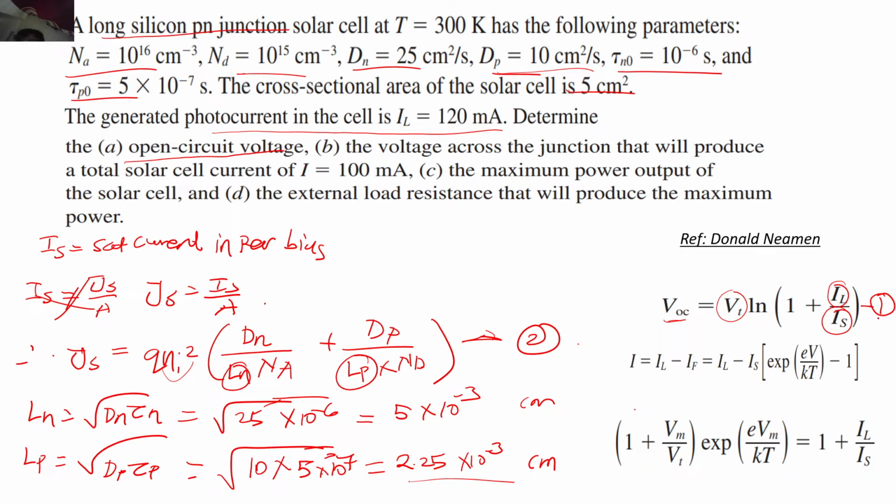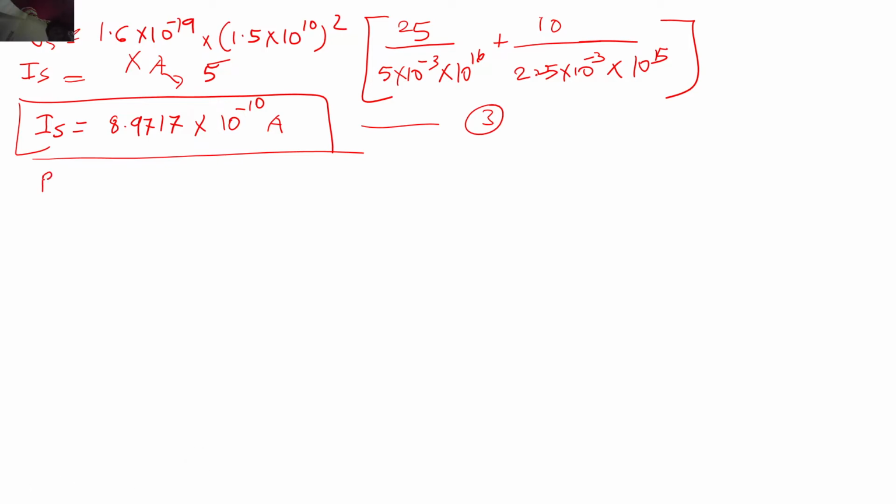See, this is what we wanted. We started with equation number 1. We first checked what has been given to us. We know IL has been given, VT has been given. We only wanted to find the value of IS, and we have found it. Now let's substitute everything in equation number 1, put 3 in 1. What is the value of VOC?